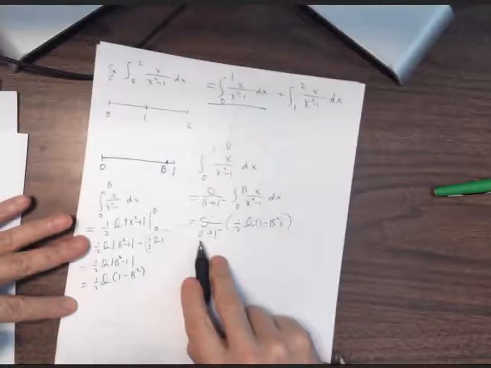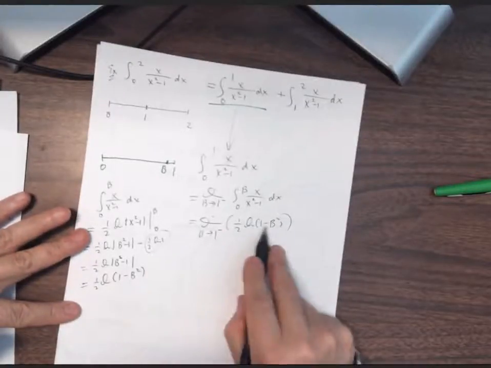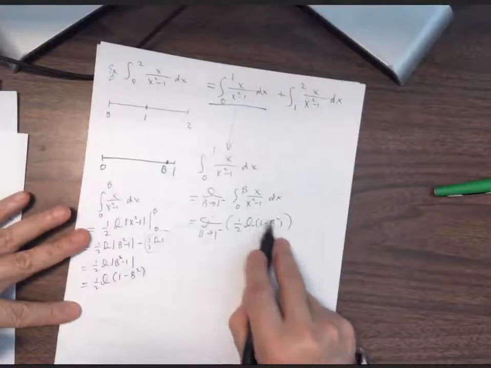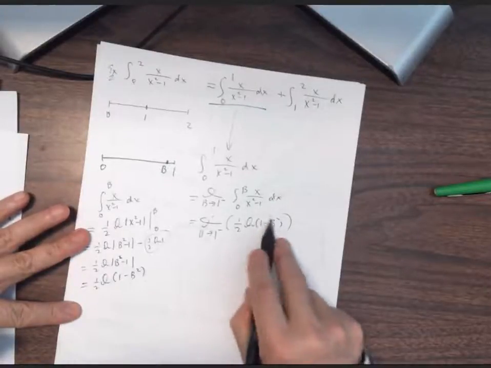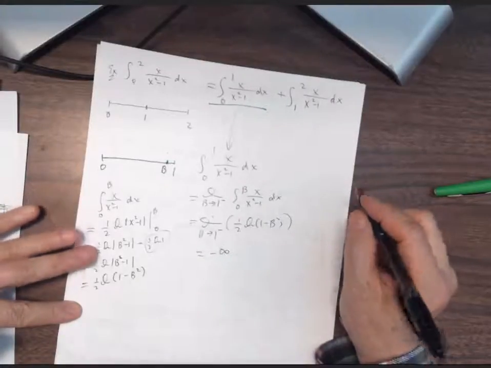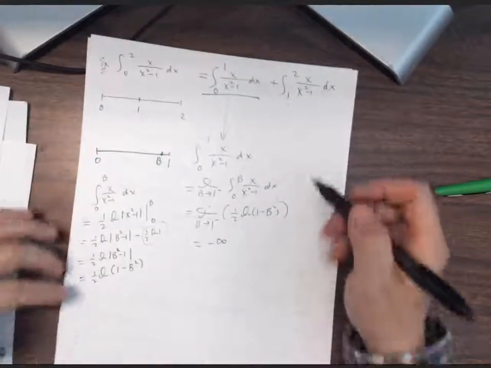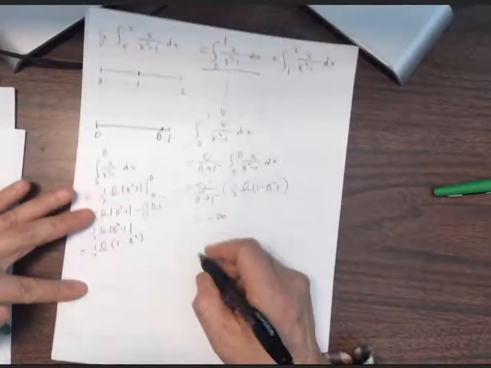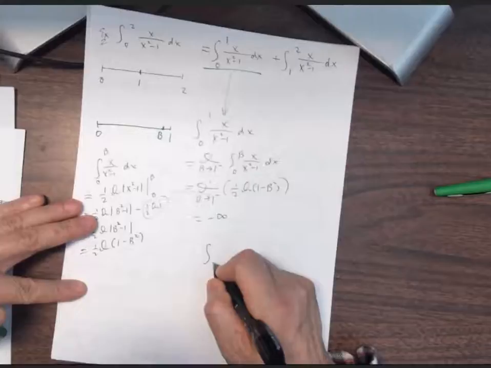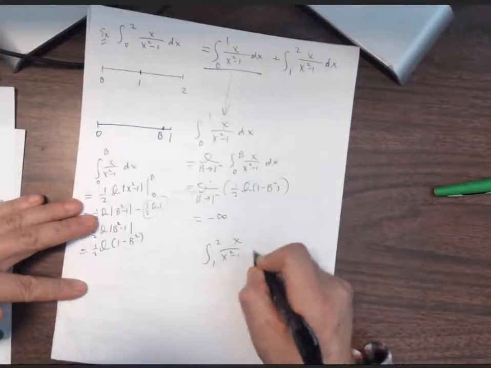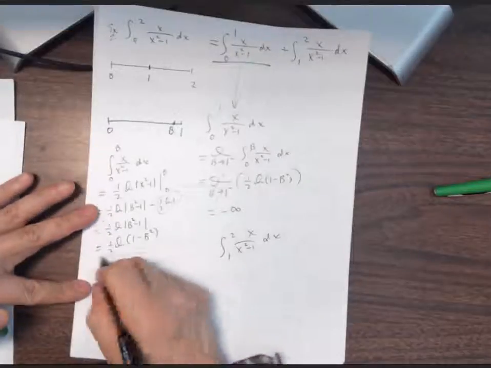Now, when b approaches 1, this approaches 0. When this approaches 0, the log is infinity. It's a negative infinity, actually. Well, the second one, we would similarly set it up. So for the second one, it would be 1 to 2 we wanted to do, x over x squared minus 1 dx. We would do a number line again.